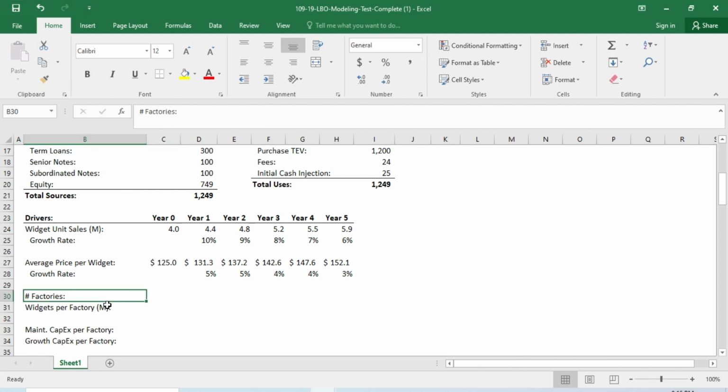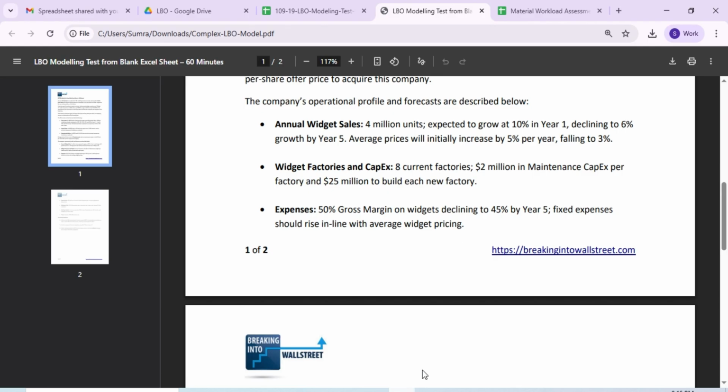Now number of factories. Let's see in the question whatever the information is available. Widget factories and capex: 8 current factories, 2 million in maintenance capex per factory, and 25 million to build each new factory.